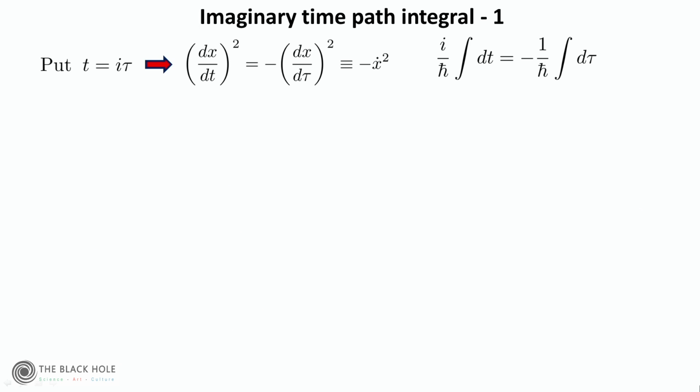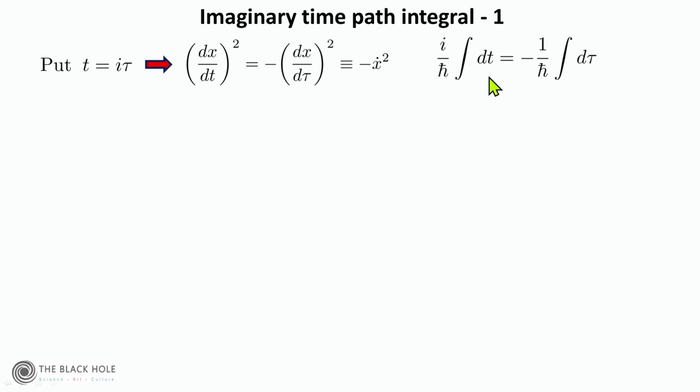Well, this is where imaginary time comes in. So let me put t equal to i tau, and (dx/dt) squared. Well, you see, if t is equal to i tau, then dt is equal to i d tau, in which case this becomes minus (dx/d tau) squared, and this I'm going to call, by definition, x dot squared.